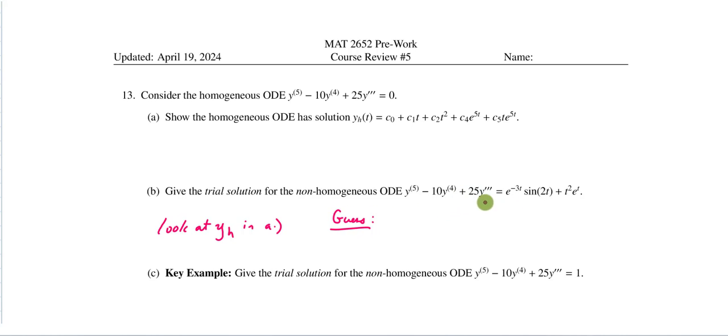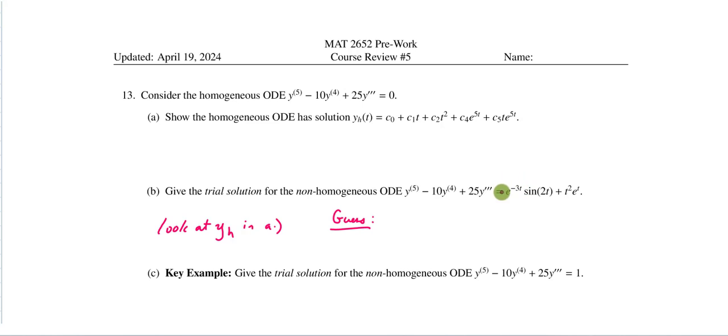Remember that our guess needs to include not only generic forms of the functions that we see in the forcing function, but it needs to take into account all possible derivatives that could show up. Not just 5 orders of derivatives, by the way, all possible derivatives that could ever show up as we differentiate this.